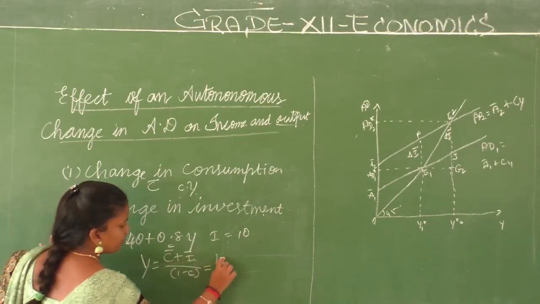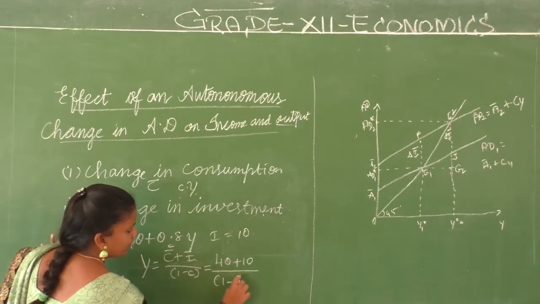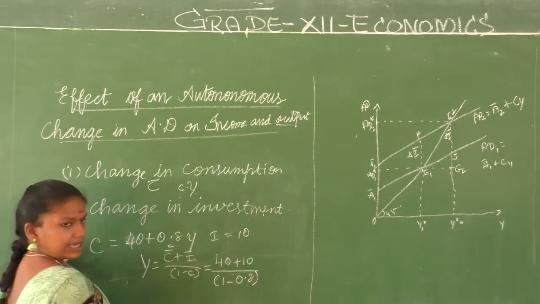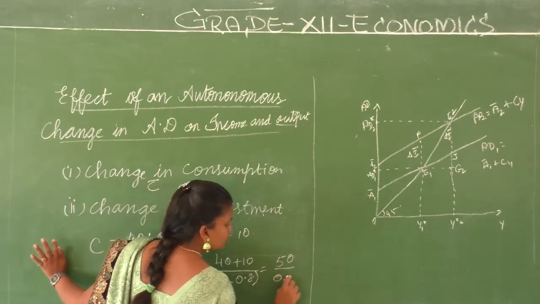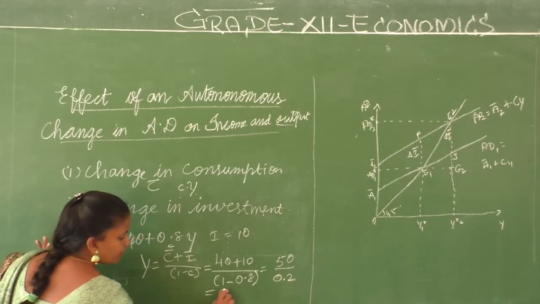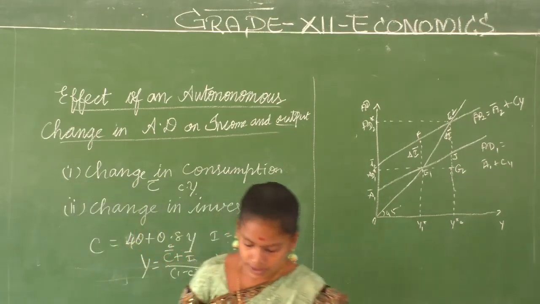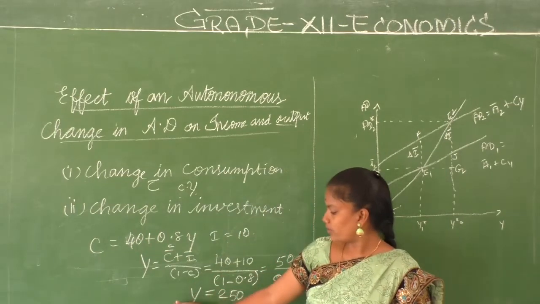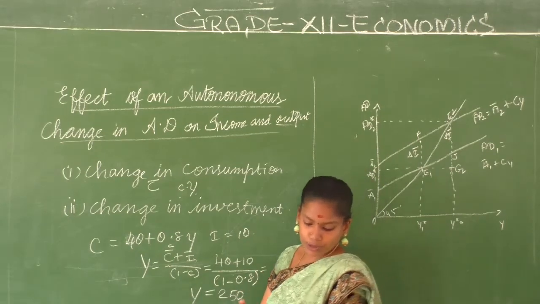40 plus 10 by 1 minus 0.8, which will become 50 by 0.2, which is 250. So y is equal to 250. That is the aggregate demand, and the supply should be equal to this much.